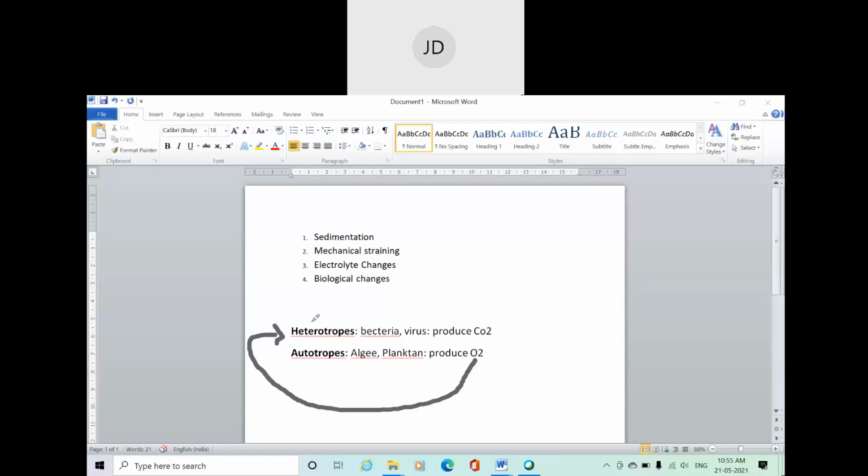So these heterotrophs, that means bacteria and virus, oxidize the organic matter and produce carbon dioxide, and this carbon dioxide is used by these autotrophs, that is algae and plankton, and they produce oxygen, and this oxygen is again used by the heterotrophs for oxidation of organic matter.